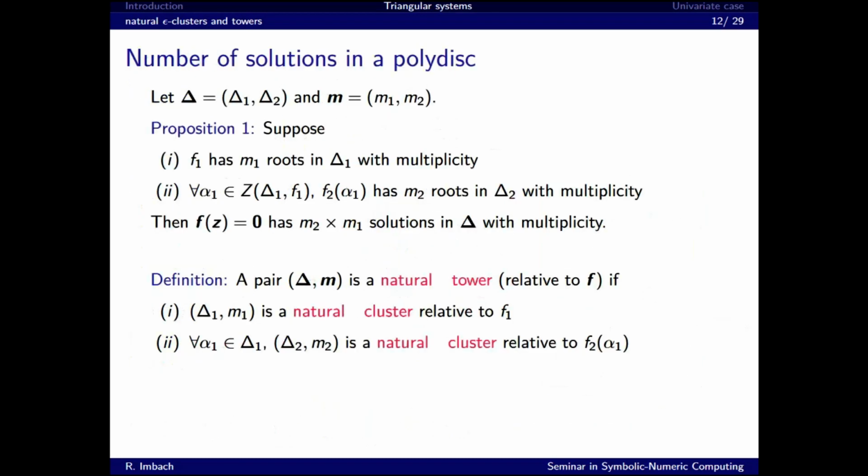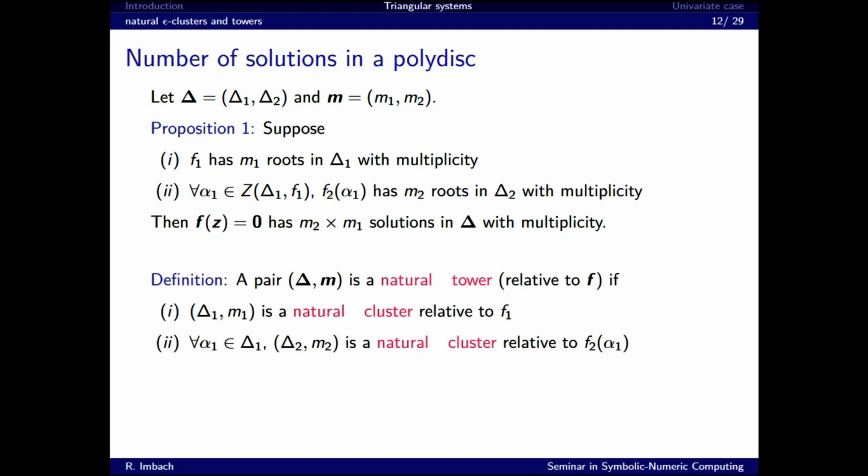Okay, so let me go ahead. I introduce a definition I call natural tower: a pair delta, m, where delta 1, m1 is a natural cluster relative to f1. So delta 1 contains m1 roots of f1.